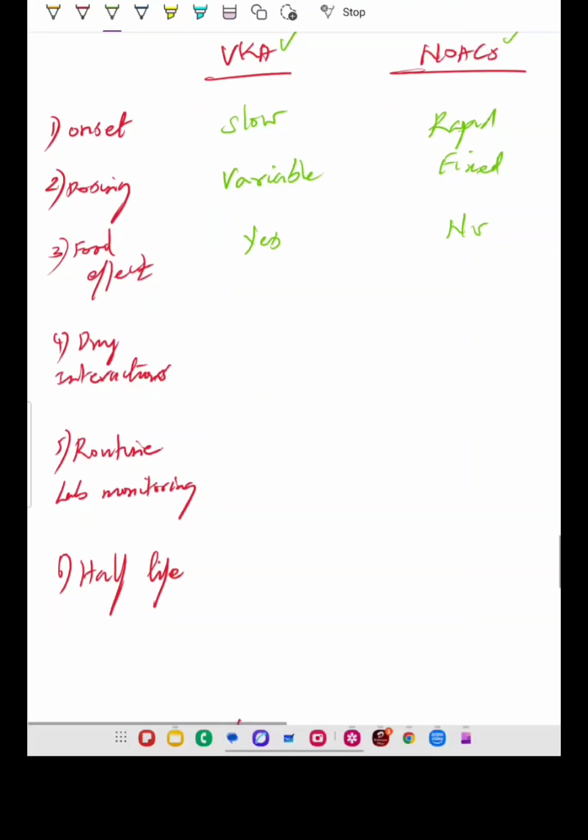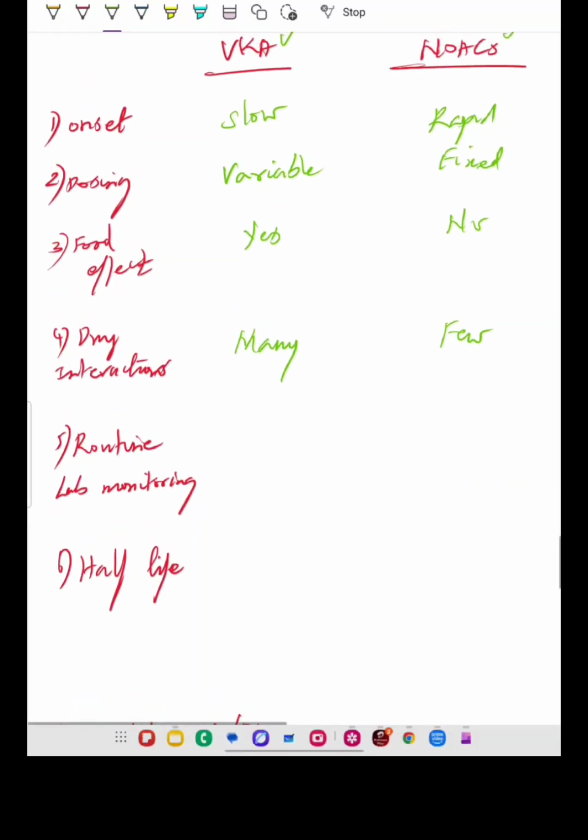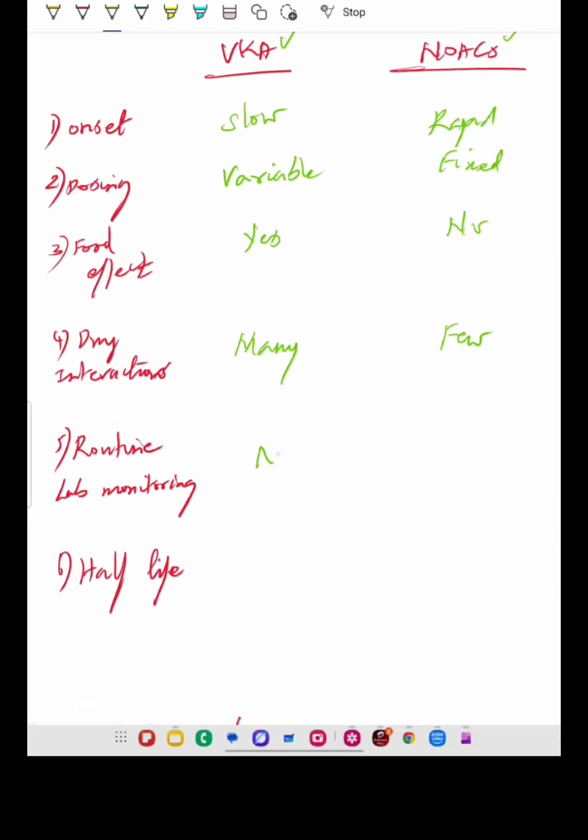Any drug interaction? Many for warfarin and a few for NOACs. Do you need routine lab monitoring? For vitamin K antagonist, yes, you need to check your INRs regularly. In case of a NOAC, no. Warfarin has a long half-life, and your NOACs have a short half-life.